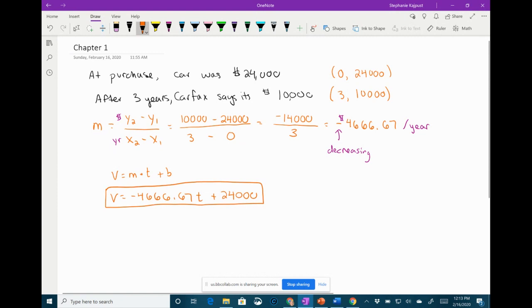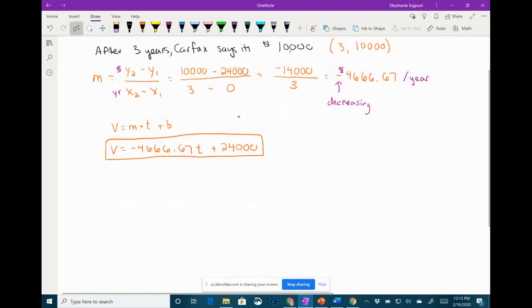And one thing that we can do with this equation is figure out, when is the car going to be worthless? When is it going to be worth $0? So I'll do that in a different color. If it's going to be worth $0, then you plug 0 in for V, and you are solving for T to find out after how many years this car would be worth nothing, according to this equation. So to solve for T, it'd be easier if I add the 4,666.67 to both sides, just so I don't have to deal with any negatives.